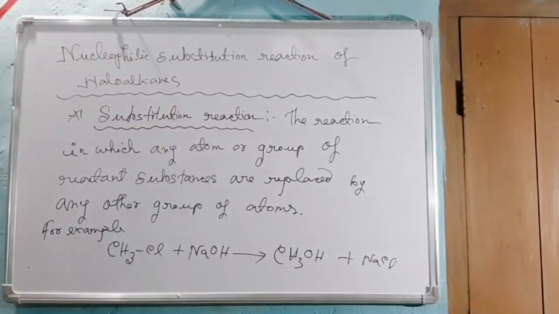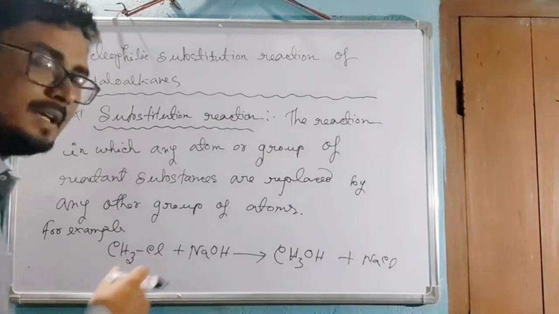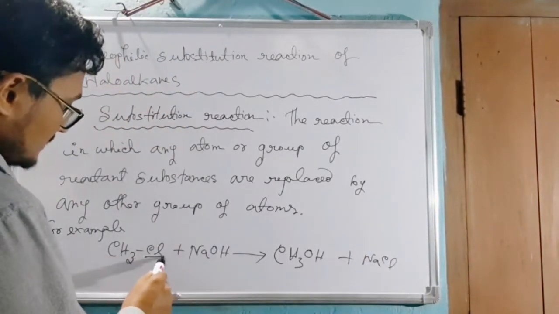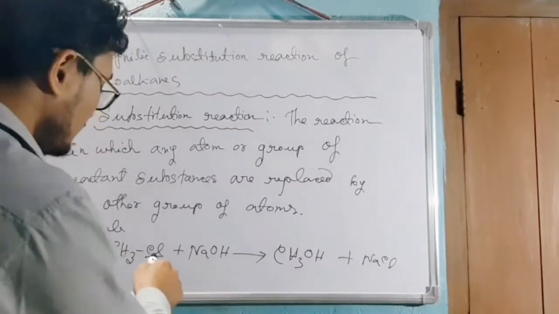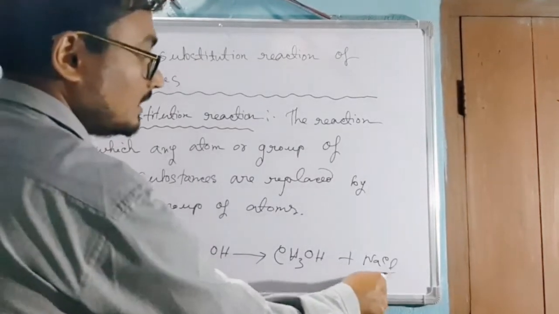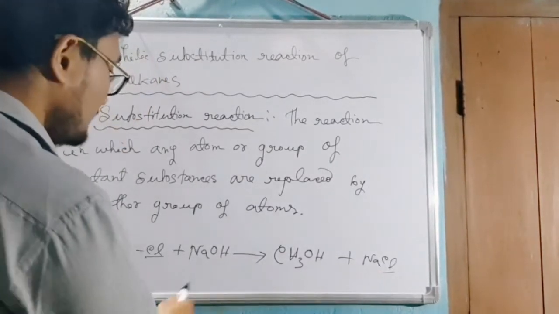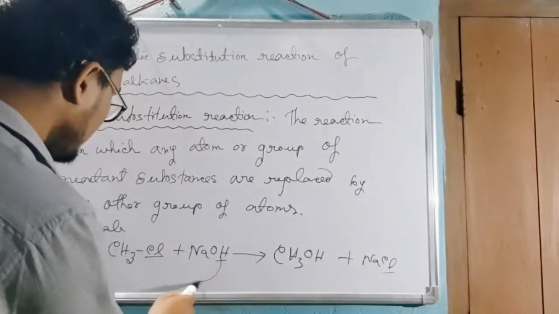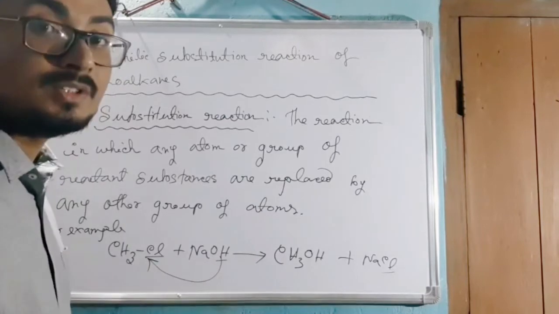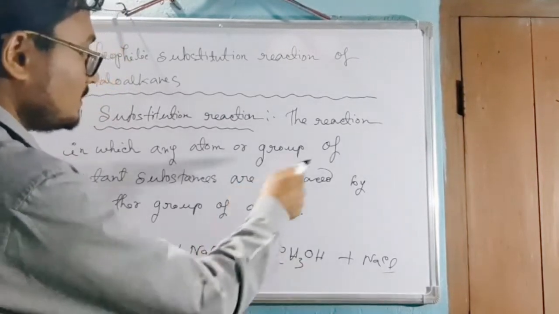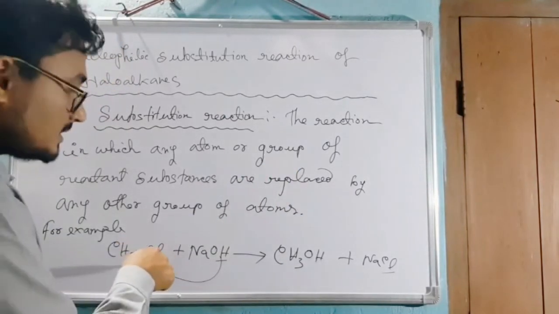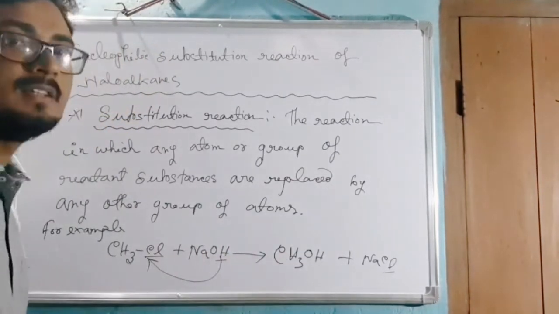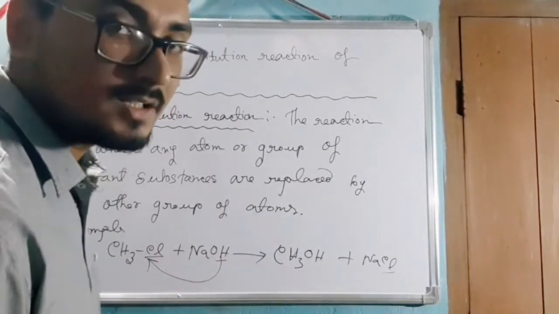This is an example of substitution reaction. What happened in this reaction? Cl is the leaving group, and it went away. Now this OH is replaced at this position. So this group is replaced by this group.